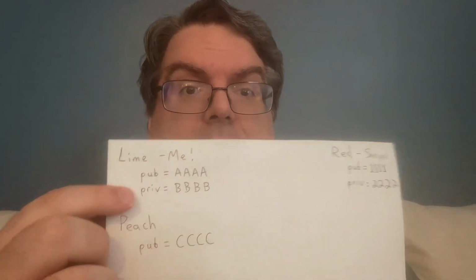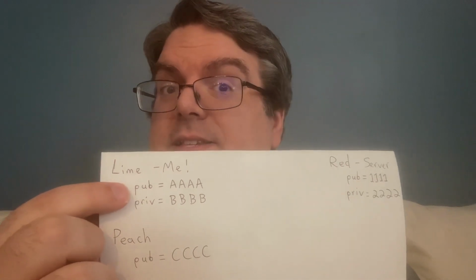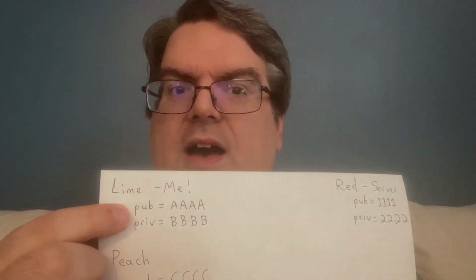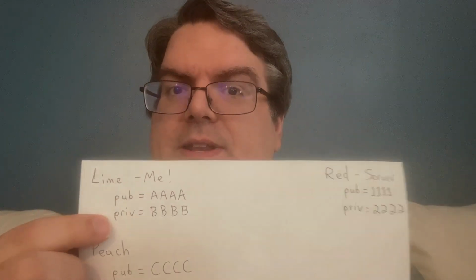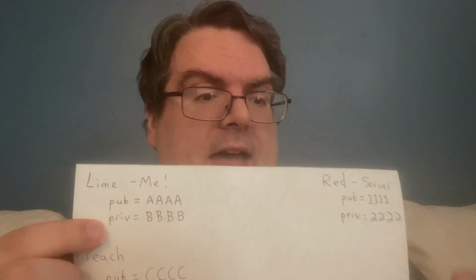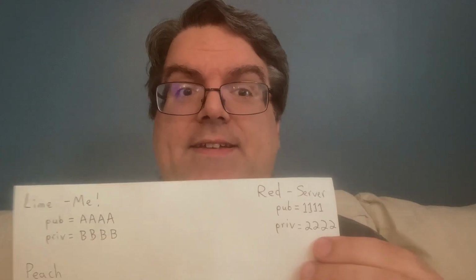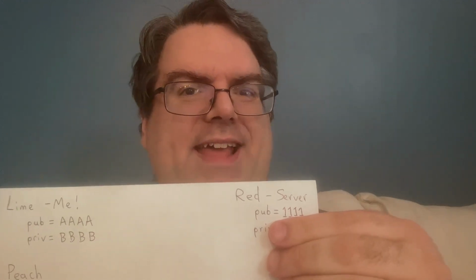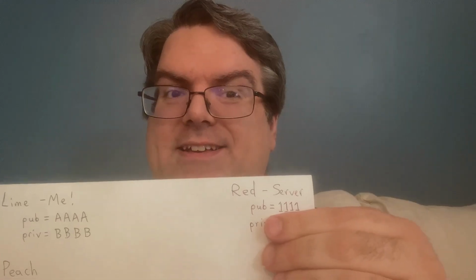And where I have written public and private, okay, public is the part that's available for anybody to know. Private, I'm going to keep for myself. And over here, for Red, I don't know Red's private key. I've only written it down here for the sake of illustration, but I don't know Red's private key, just the public key.